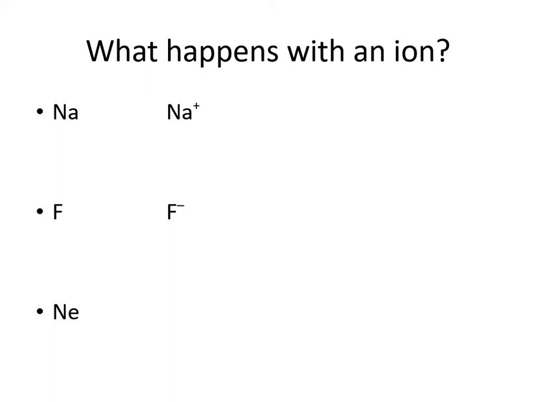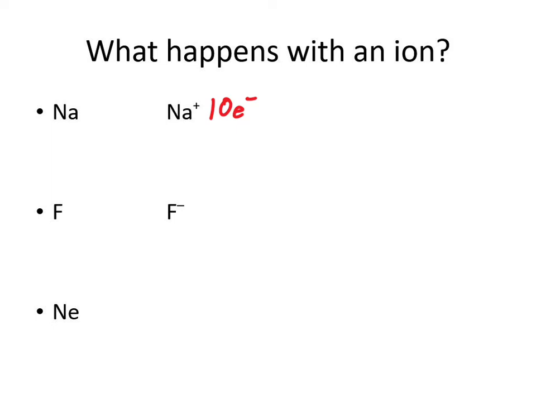So how many electrons would any A have normally? 11. It would normally have 11. It's got a +1 charge, so it's going to lose 1. Lose 1 and have 10 electrons.